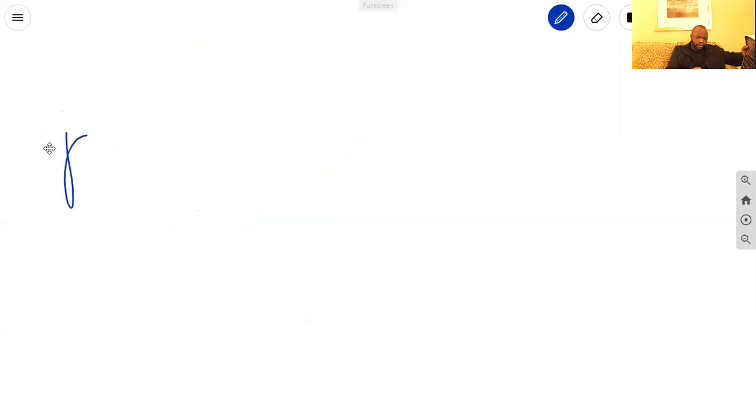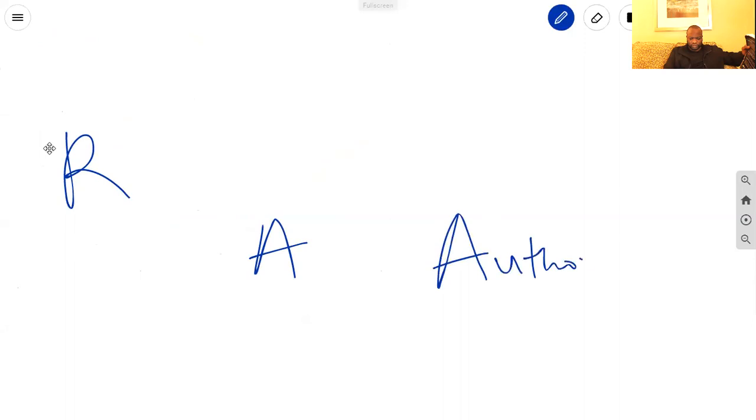The R for responsible, the A, which is accountable in your RACI chart, so that's going to be easy to remember, and authority. See that?